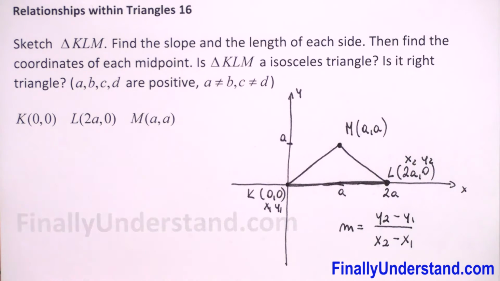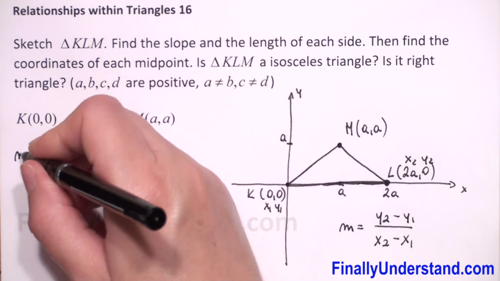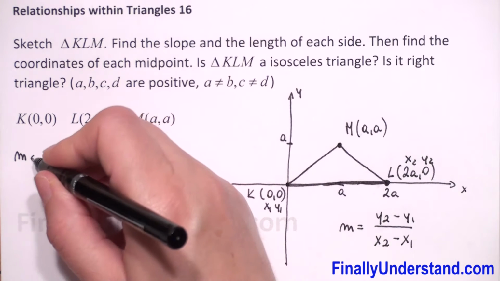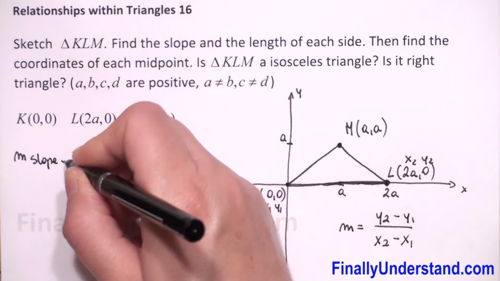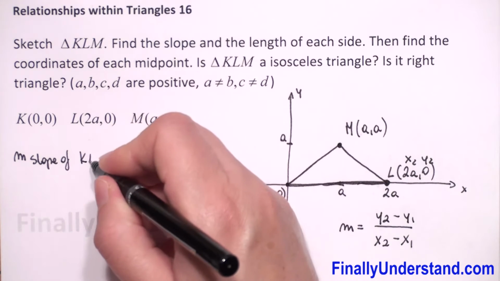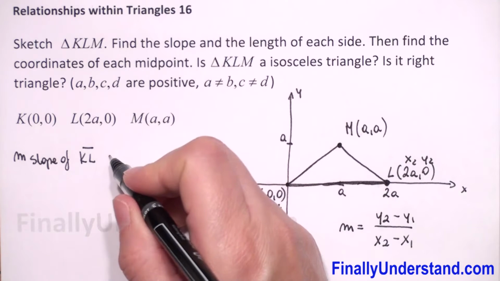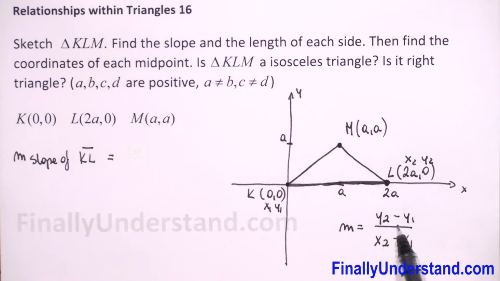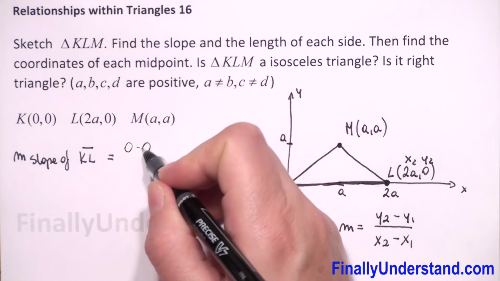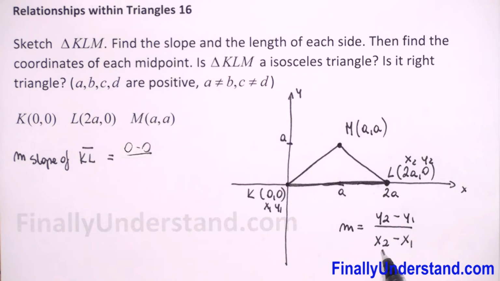So let me write that m, slope of KL segment will be, in numerator, we have to subtract y coordinates, and we will have 0 minus 0, and in the denominator we have to subtract x coordinates, so it's 2a minus 0.